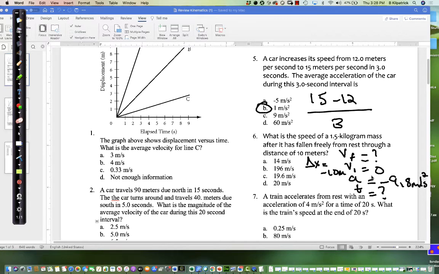Okay, so when I'm looking at this, is there an equation I can use to find final velocity without finding the time?